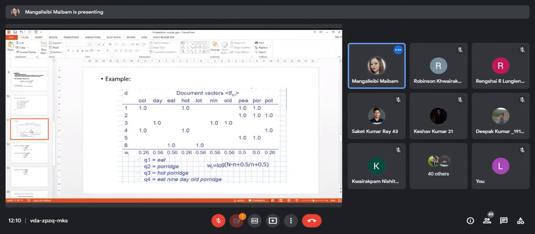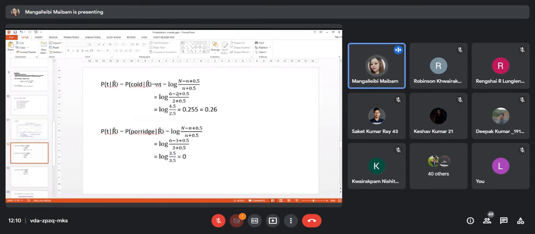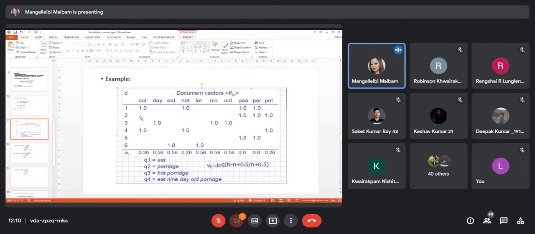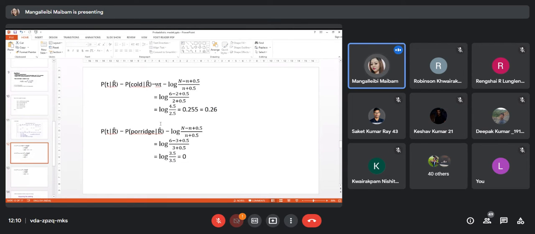So n for call is 2, which means call is present one time in document 1 and another time in document 2. So the document frequency for call will be 2. That is why we put 2 here. Then substitute all the values, we get 0.26, which is given here. First for call, 0.26. Similarly, you have to calculate for all the other terms in the document.